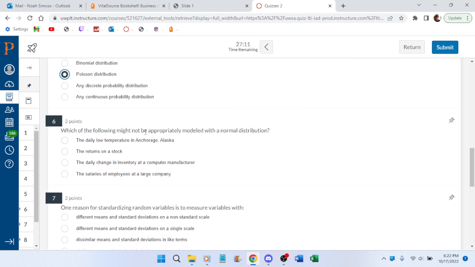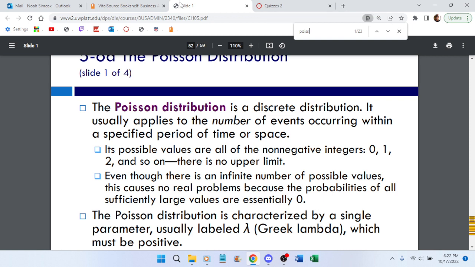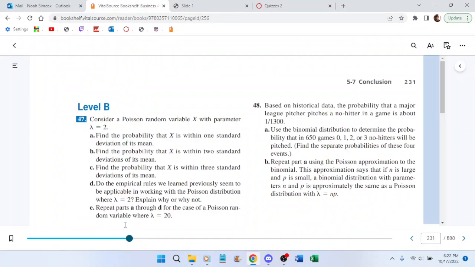Which of the following might not be appropriately modeled with a normal distribution? Oh, of course. Ooh, yes. Oh, really? Come on, now I actually do have to look at these examples. How am I supposed to find this?